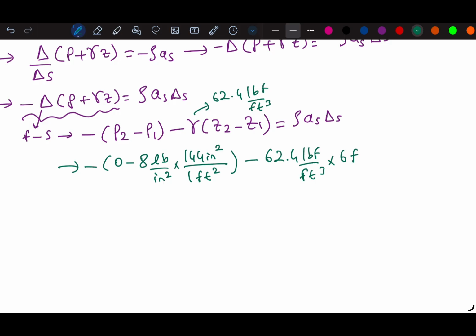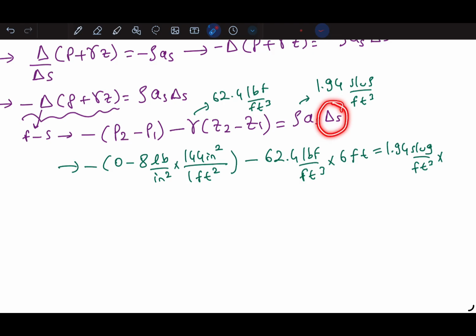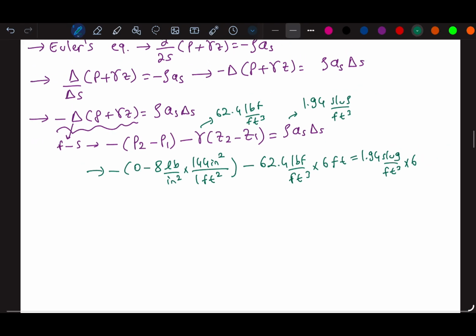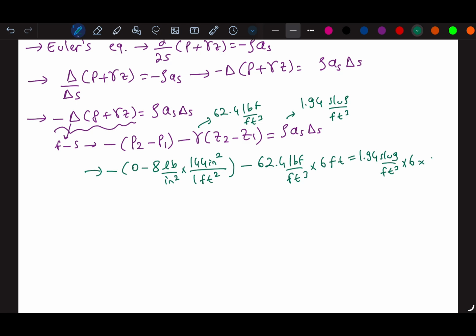So let's say this is 6 feet. And this is going to be equal to density of water, which is 1.94 slug per cubic feet, times delta S is 6, times acceleration.